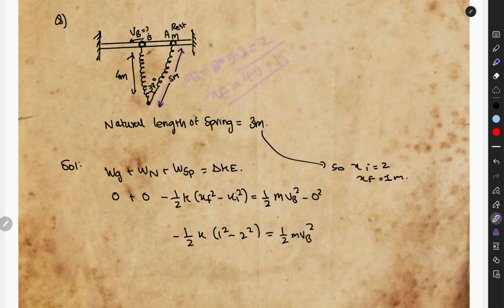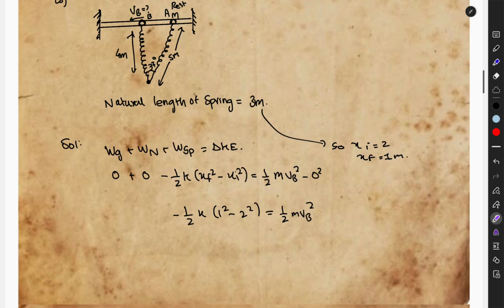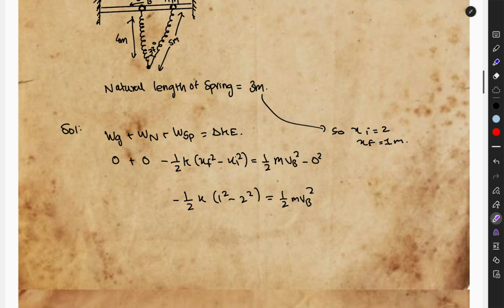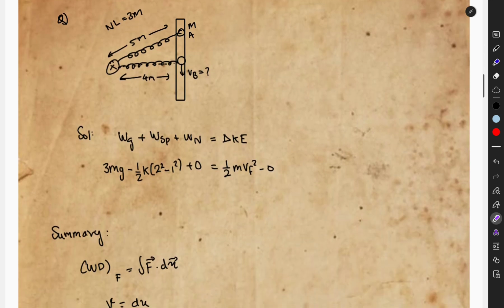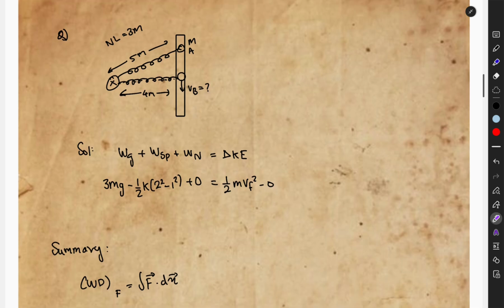With this you can find the work done by the spring force, and the work done by the normal and the work done by gravity will be equal to 0 because they are perpendicular forces, and you can find the values. Again, a similar type of question where the natural length is given as 3 meters.